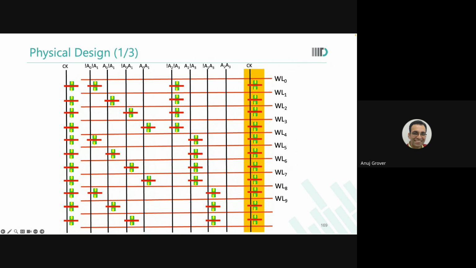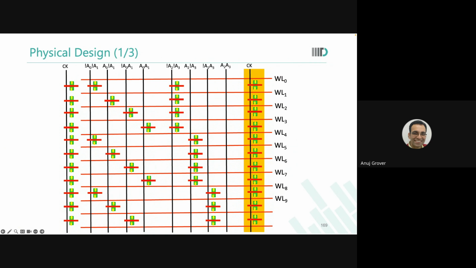That is undesirable. That is undesirable also because of one more fact, which we call the envelope proximity effect. In advanced technologies, the envelope boundary results in some scattering of dopants close to the boundary. That changes the VT of devices that are closer to it.